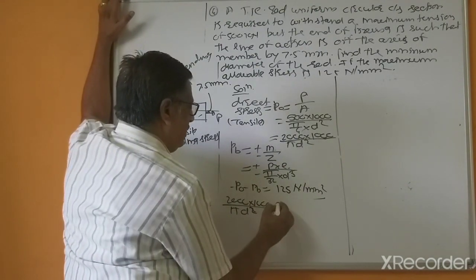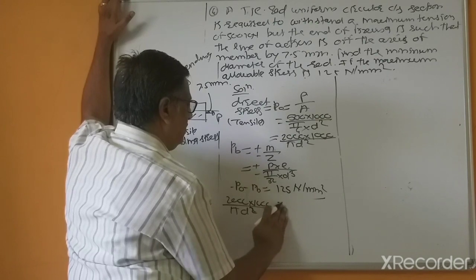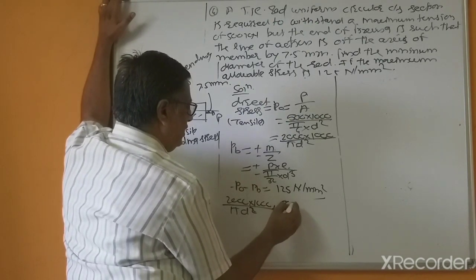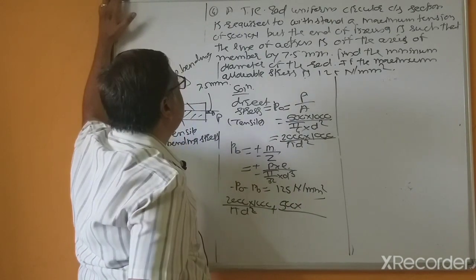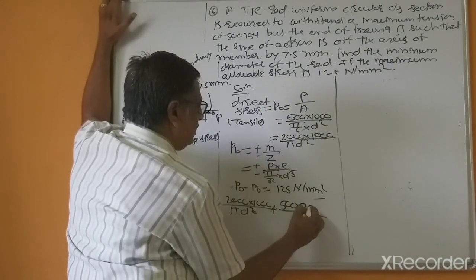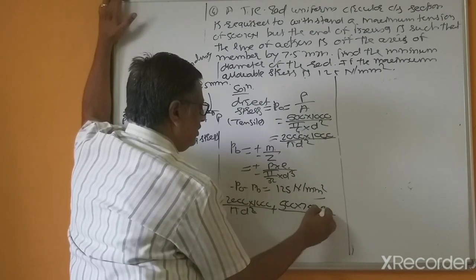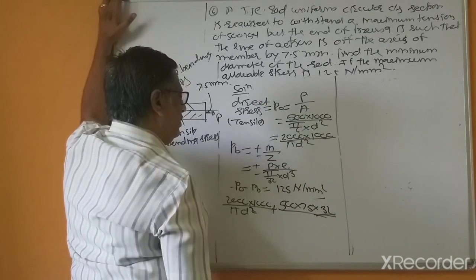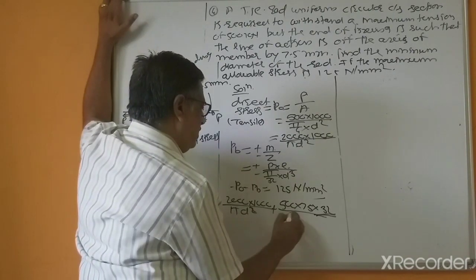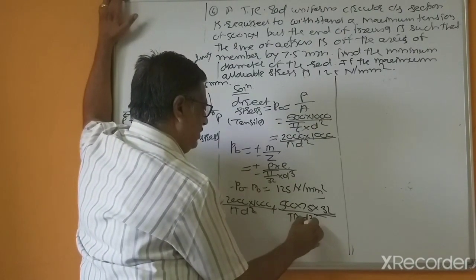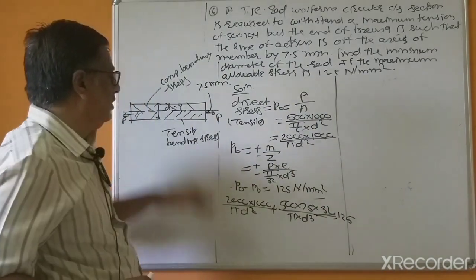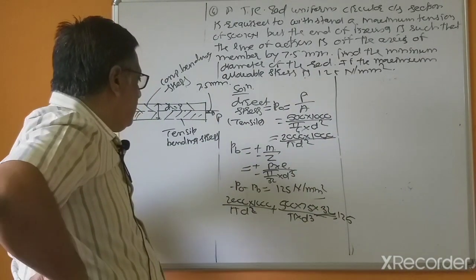P equal to, again, this is 500, eccentricity equal to how much? 7.5, multiplied by 32 divided by pi into d cube, equal to 125, right?